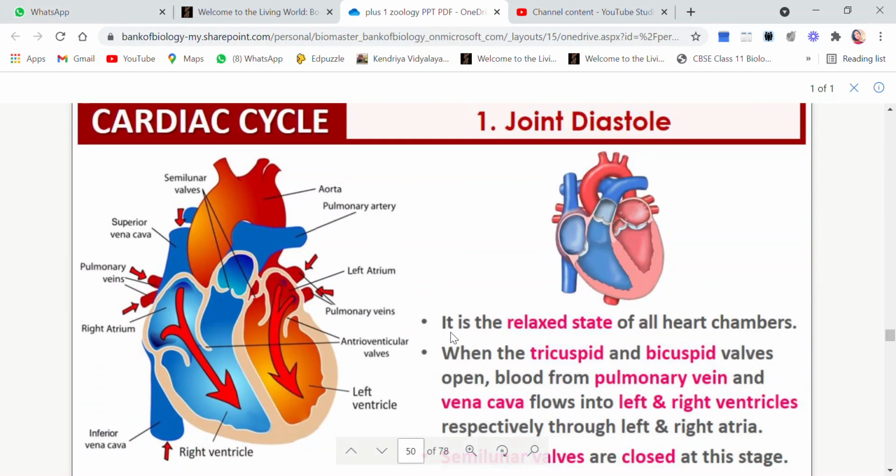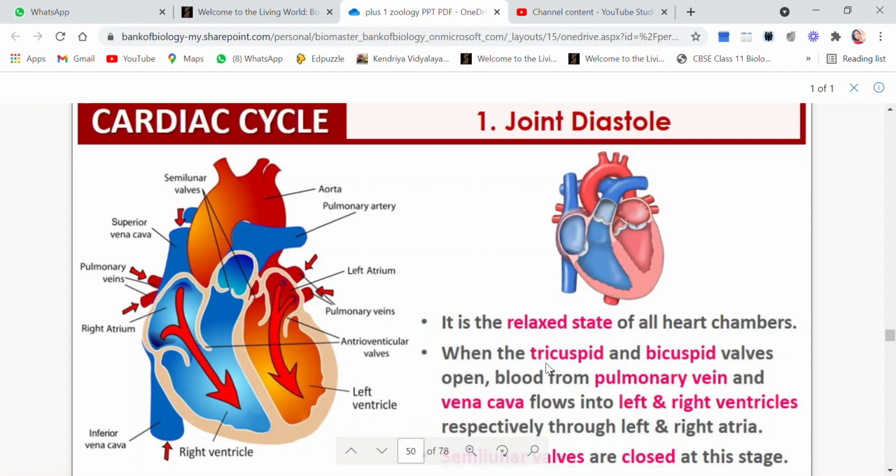As you see, it is the relaxed state of all the heart chambers. Joint means both auricles and ventricles are in a relaxed state. None of the chambers is in contraction. All four chambers are relaxed. So this is called joint diastole.